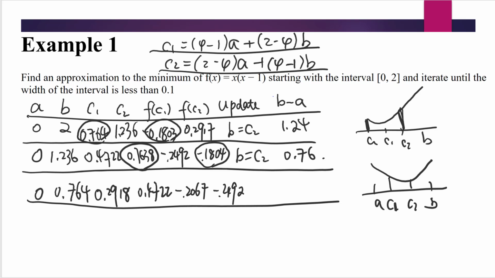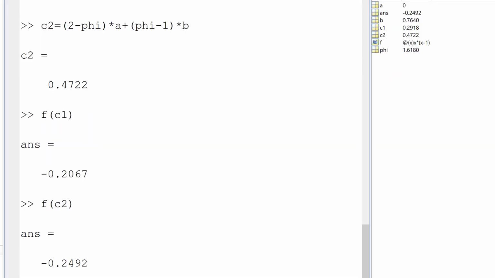So in that case, we are sure that the minimum is from C1 to B. So we need to update A by assigning the value of C1 to the variable A. So the new width will be B minus C1, which is 0.764 minus 0.2918. So the width will be 0.47.